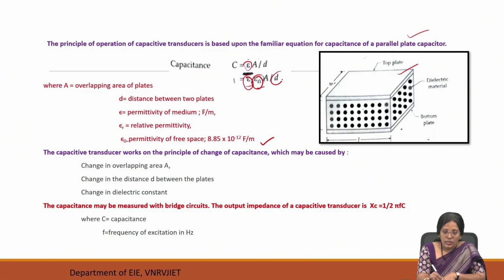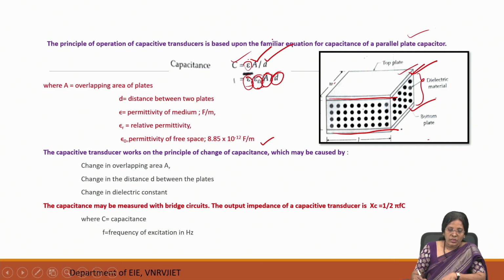D is the distance between the plates, and A is the overlapping area of the plates. C is the capacitance.